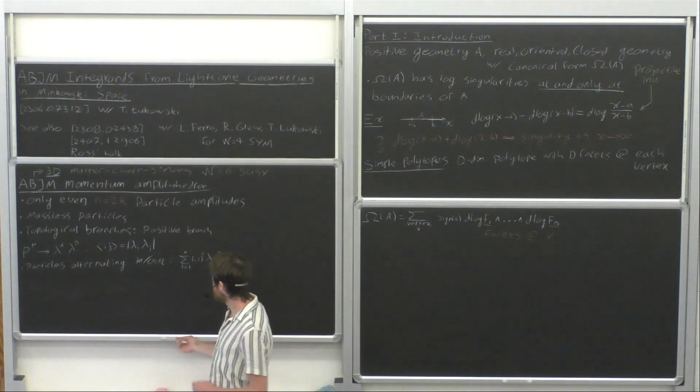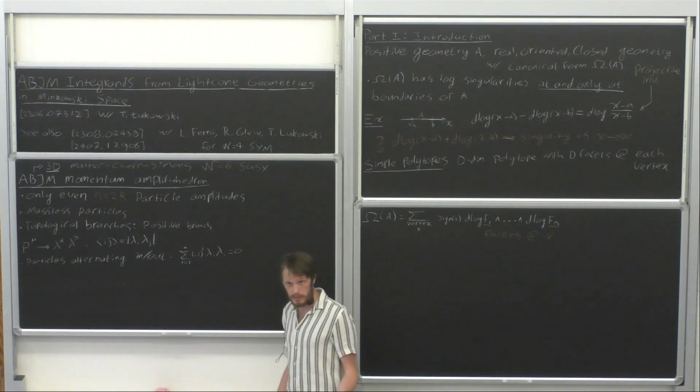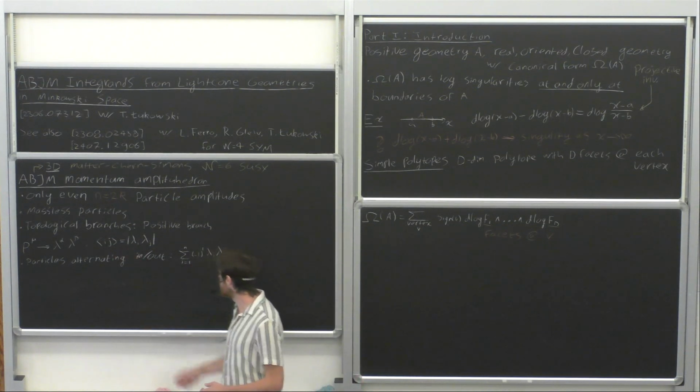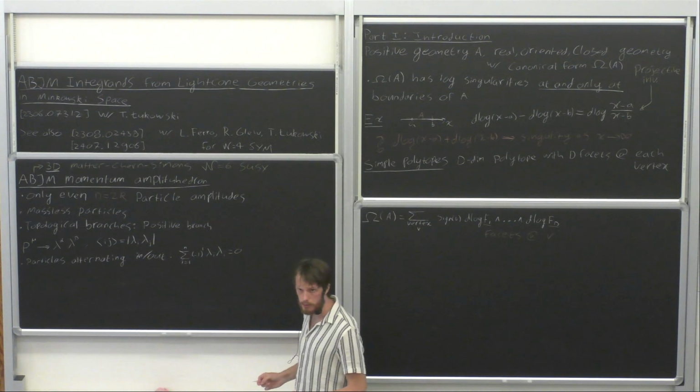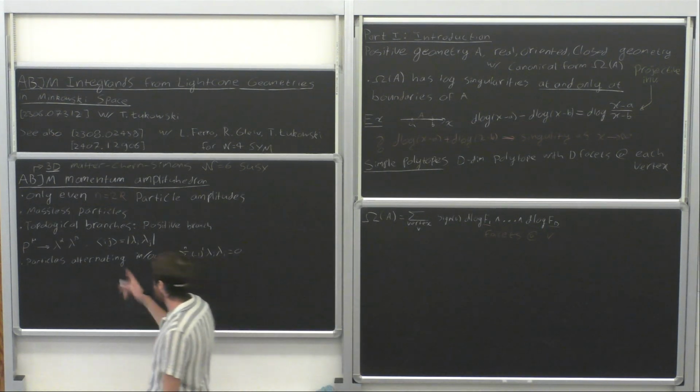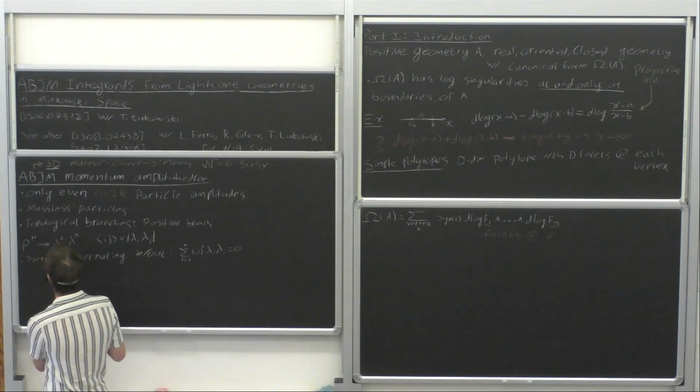Now, when I talk about 3D spinor helicity space, I mean the space of n such lambdas which satisfy this momentum conservation. And with that, we can now define the ABJM momentum amplitude.